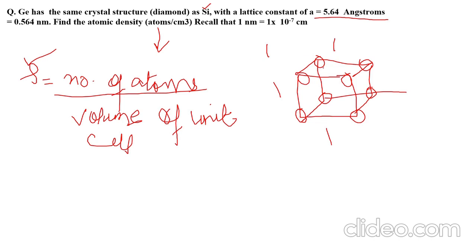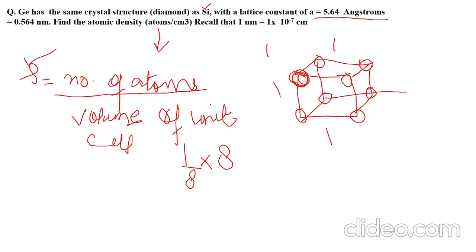So this atom is shared by 8 unit cells at a time. These corner atoms always contribute 1 by 8th to the unit cell, and because we have 8 atoms, we multiply it by 8.